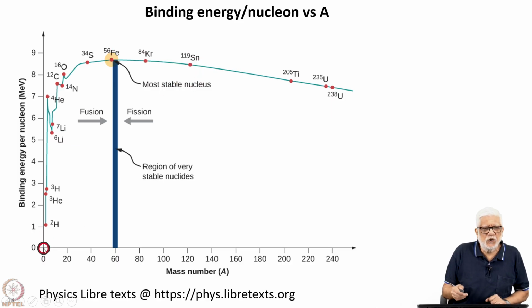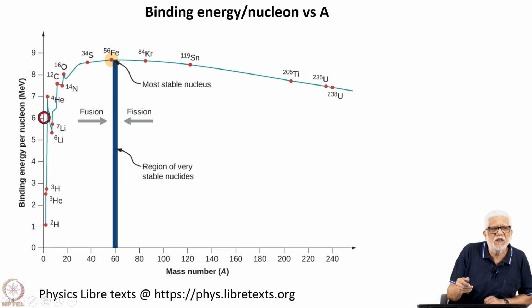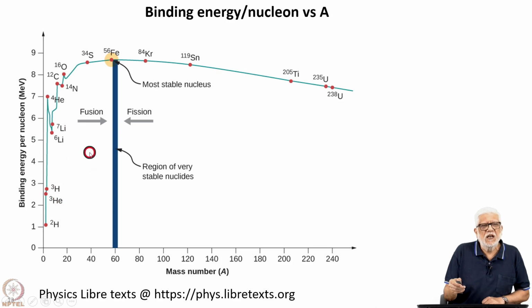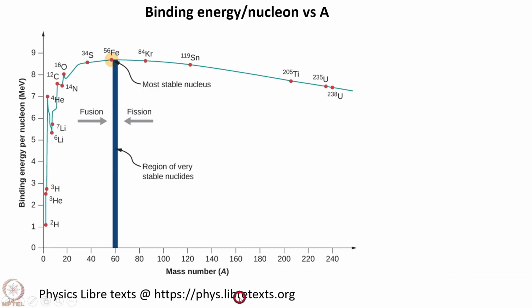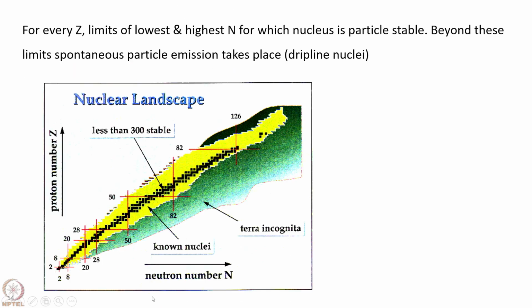Similarly, if I take two deuterons, then they can form a helium atom whose binding energy is larger. Okay, helium is somewhere here. So, the difference in energy is released as fusion energy. So, in fact, this is the domain of fusion, and this is the domain of fission. The figure is taken from this reference.